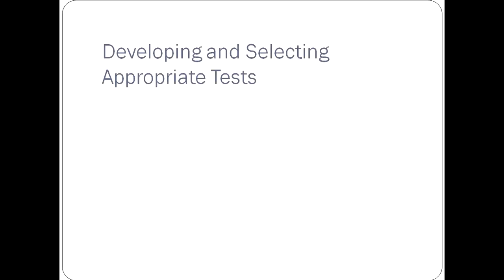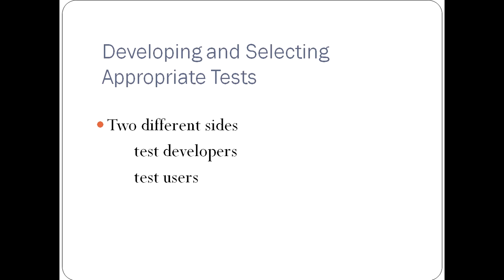Now, regarding specifically developing and selecting appropriate tests, there are 2 different sides of responsibility. That includes test developers who create the tests and test users who evaluate these tests before they go to the test takers.